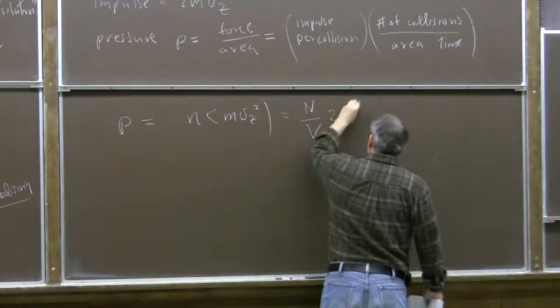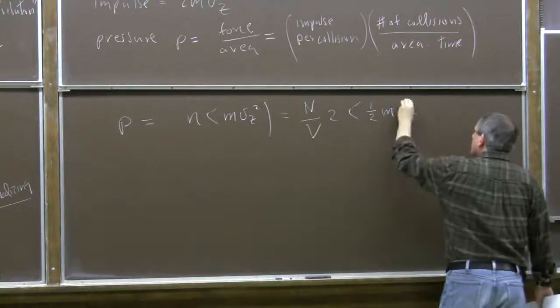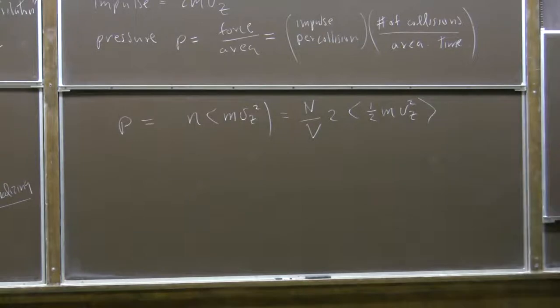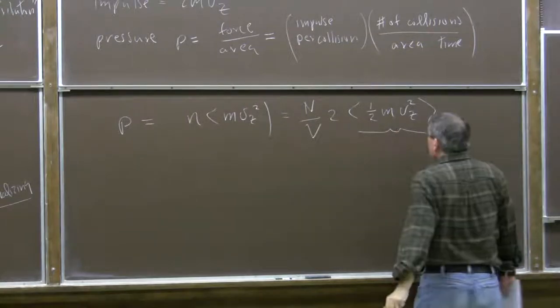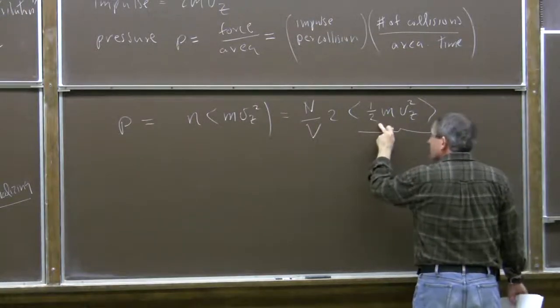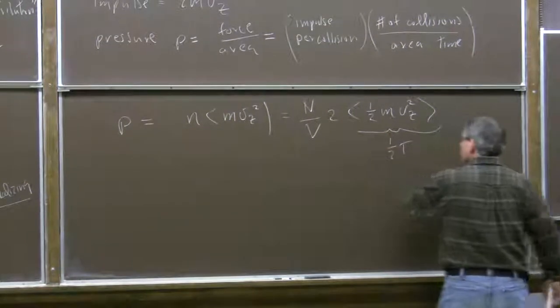I'll put in a factor of 2. And then this is the kinetic energy coming from motion in the z direction. Equipartition tells me that classically this is a quadratic degree of freedom. This is the kinetic energy due to that degree of freedom, so that's 1/2 τ.